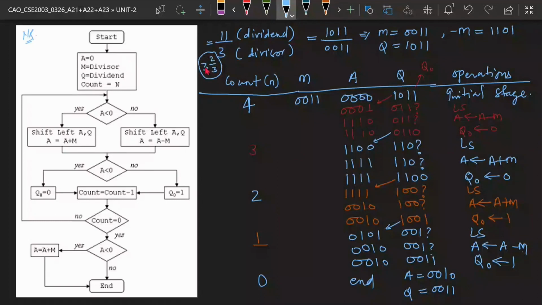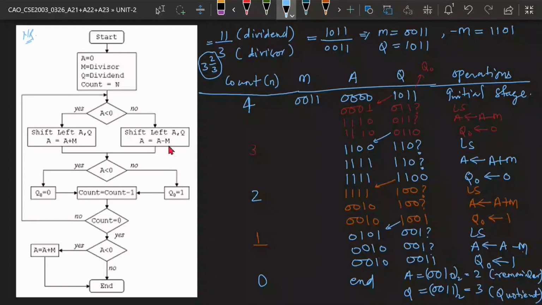Quotient value is this one. Its decimal equivalent is 3, and this accumulator content 0 0 1 0 is equivalent to 2. That will be the remainder. This is the quotient value.